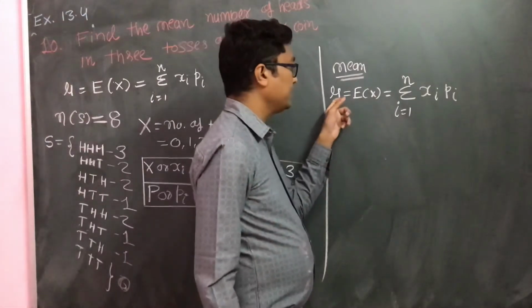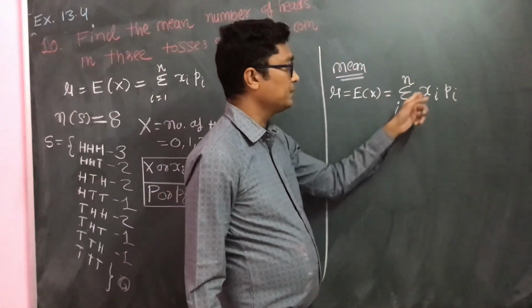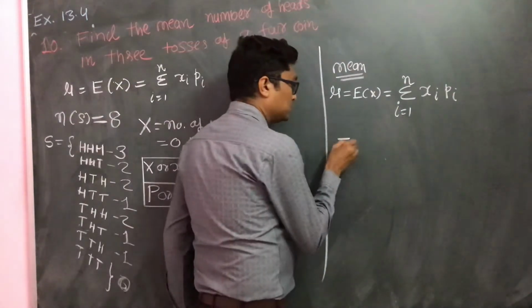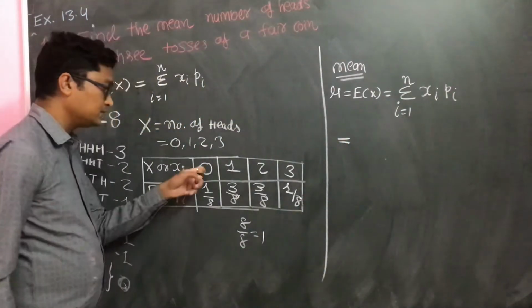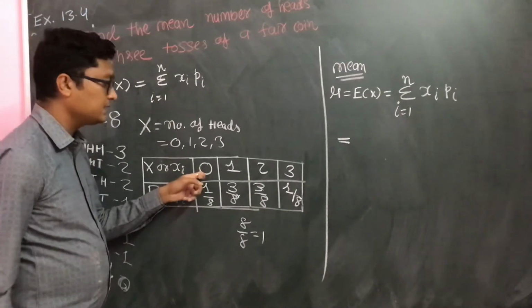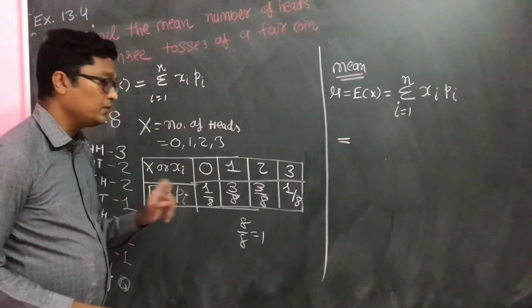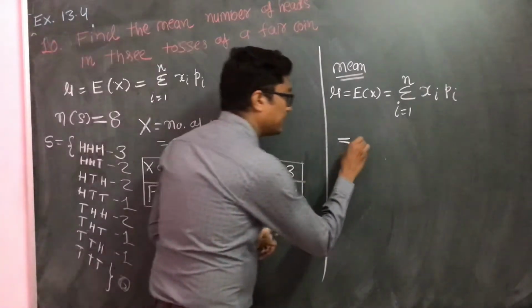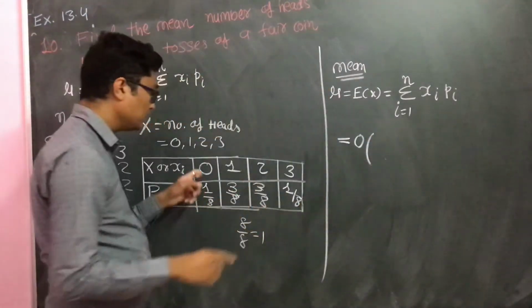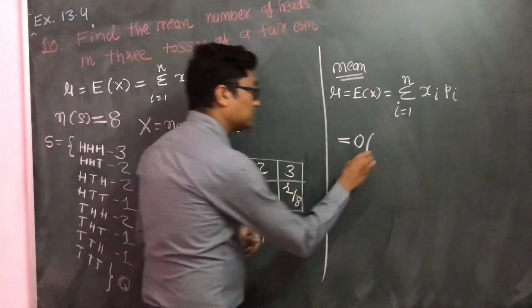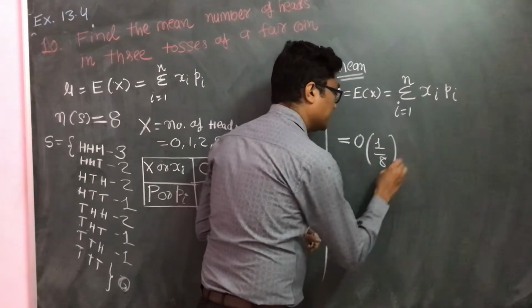So mean is mu, and that is equal to summation of i equals 1 to n, xi into pi. So first of all, what is our first term, what is xi? Say x of 1, its value here is 0, so I will write 0 into its related pi, which is 1 by 8, right?